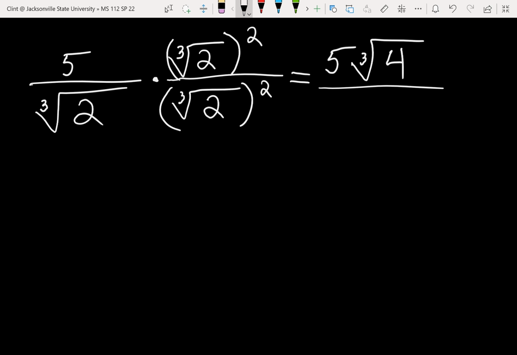On the bottom, we won't leave it like this, but what we're getting, our goal, is the cube root of 2, and we've got 3 of those now, cubed. The whole reason we did that was so the cube root and the cube cancel.